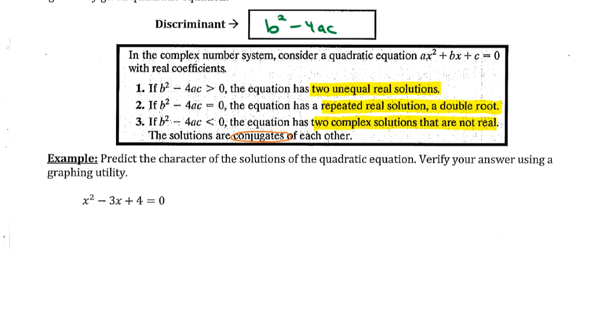From a graphing perspective, if b squared minus 4ac is greater than 0, then the graph that corresponds to the quadratic equation we're working with is going to yield a parabola that's going to cross the x-axis in two different spots.